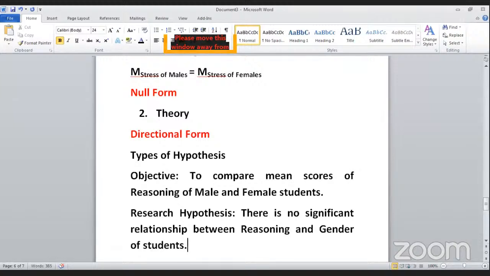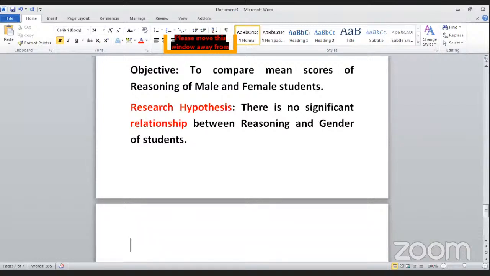Now this is the hypothesis which I have written, and this is the wording of the hypothesis, and it is called a research hypothesis. Because I have used the word relationship, and this relationship is not a statistical word, it is a general word. Now I write the statistical hypothesis.